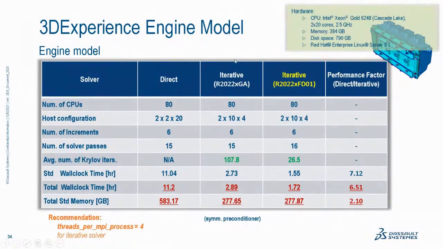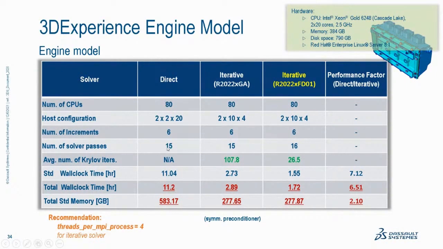The middle is the iterative solver at R22GA, so what's available right now, but in this case using the symmetric preconditioner. And then the last case, 22X FD01, so coming in a couple months after the new year with the unsymmetric preconditioner. In terms of the solution, you can see pretty much the same number of increments here, 6, number of solver passes.